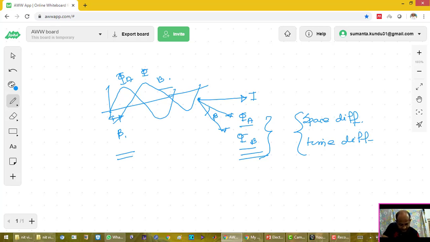And the rotating magnetic field rotates from the longer air gap region to the smaller air gap region. So this will enable the rotor to start in the same direction as the rotating magnetic field.